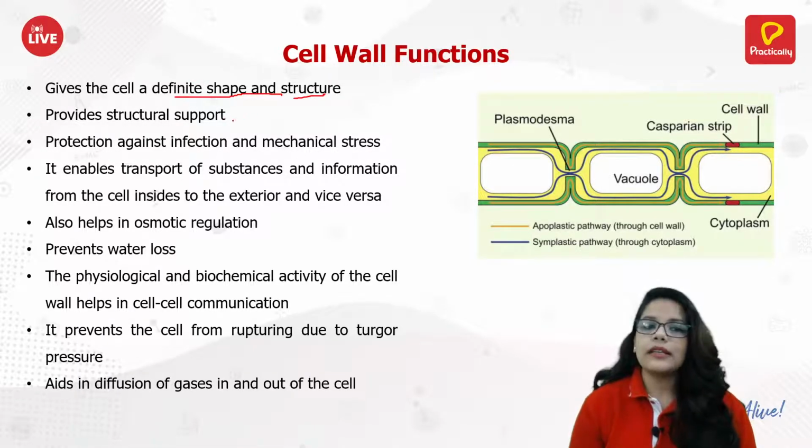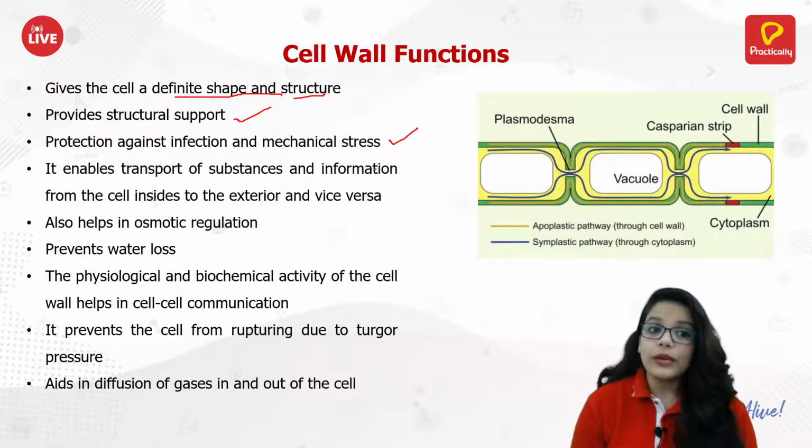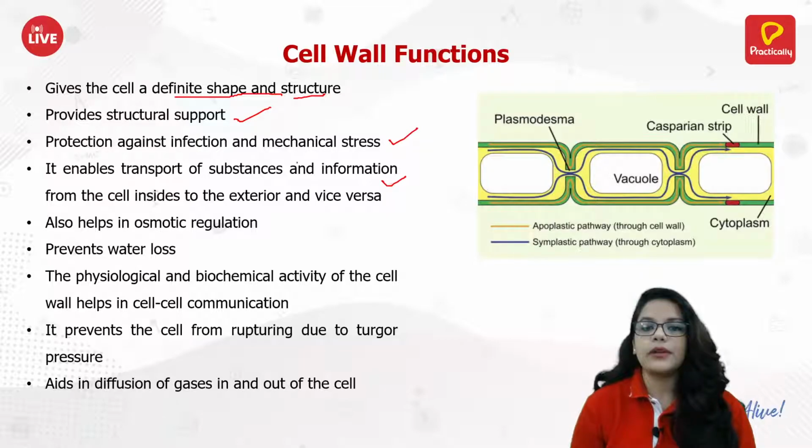Apart from that, there is structural support and protection against infection and mechanical stress. It also enables the transport of materials from one part to another. If this is a cell and this is a cell, in between two cells they have a tube-like structure.